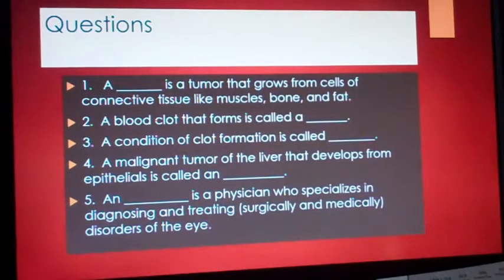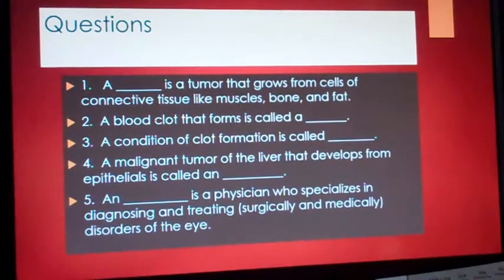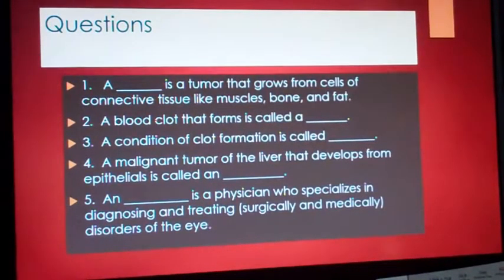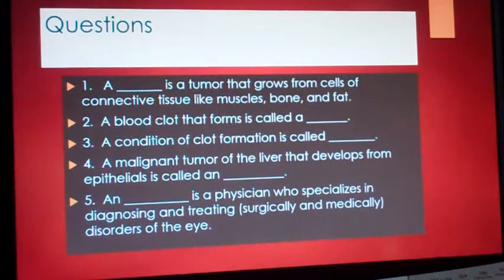Questions. Number 1. A blank is a tumor that grows from cells of connective tissues like muscle, bone, and fat. Number 2, a blood clot that forms is called a blank.